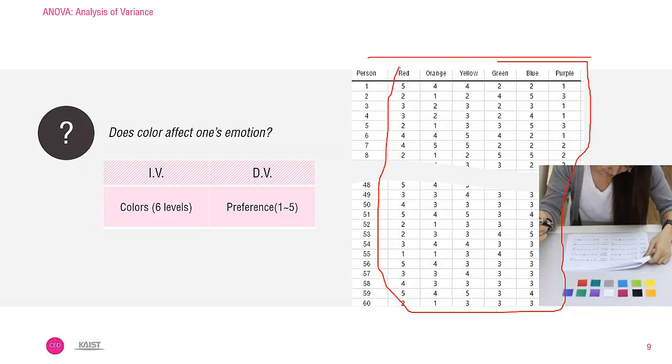Perhaps the order of the color stimuli, so the order the colors have been presented, could have been different in order to cancel out the sequential effect. But all 60 people have assessed their preference for 6 different colors. Therefore, you can perform the within group one-way ANOVA test for this data.